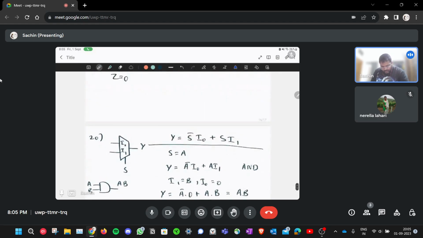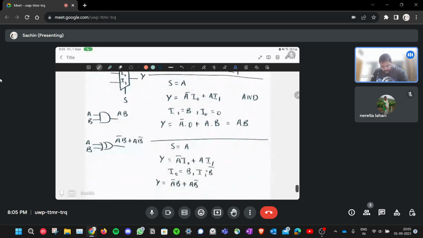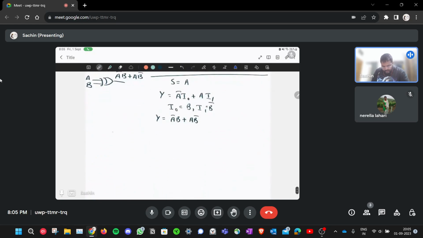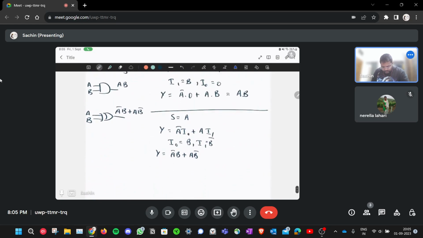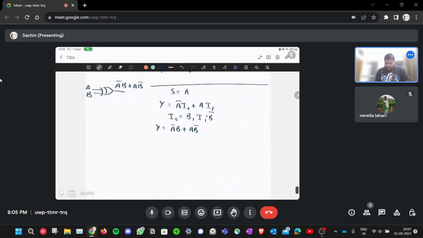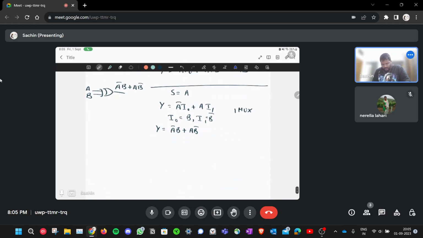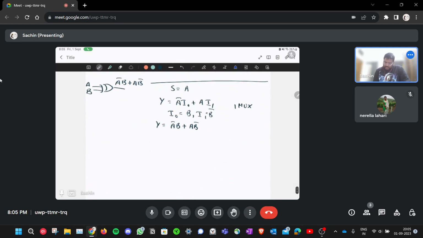But we don't have B complement. For that we will have to use another multiplexer. This is 1 mux. To get B bar, we need another mux.